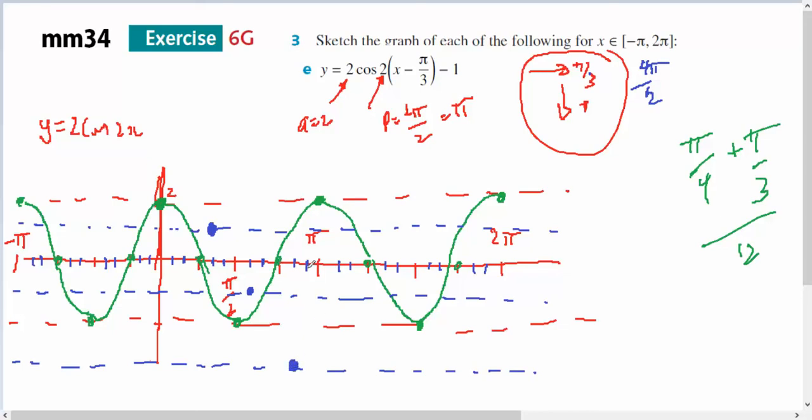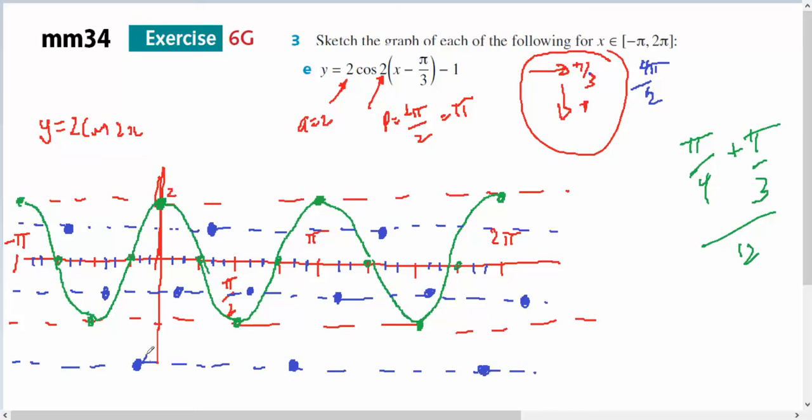I repeat this for each key point along the curve. That one will go off my screen. And this one goes across 4 and down 1.